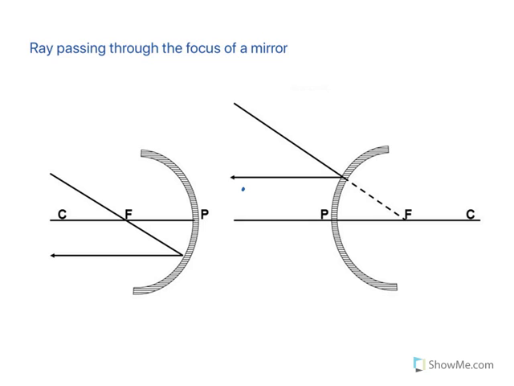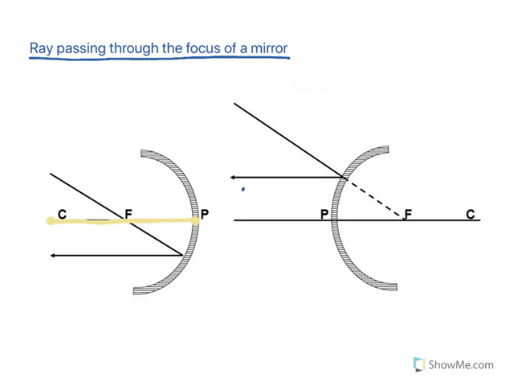Next we will see what the path would be after reflection of a ray passing through the focus of a mirror. So first we'll mark our principal axis. Here is the pole, here is the center of curvature, and the line passing through the center of curvature and the pole is called the principal axis.